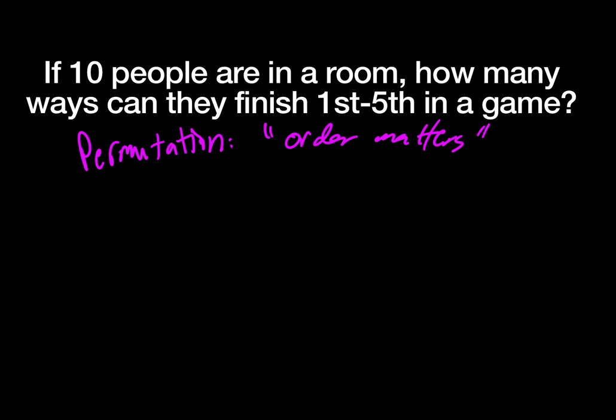If you're just being put into groups of people, like we assign you to random groups, does the order matter? No, you're just a group of 3. It doesn't matter if you're picked first, second, or third. You're just a randomly assigned group. So in a permutation, order matters. In a combination, order does not matter.